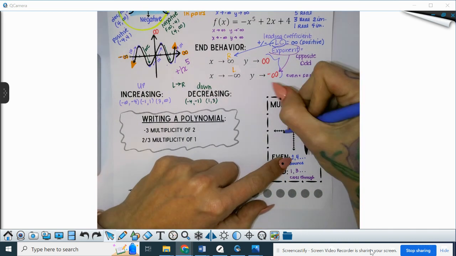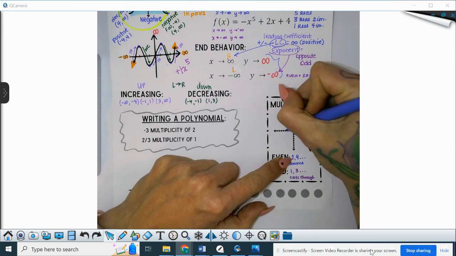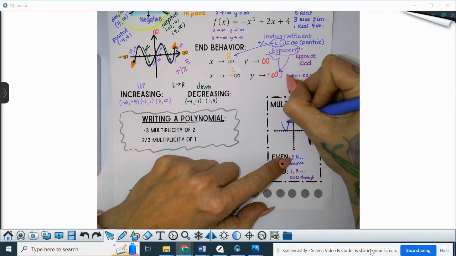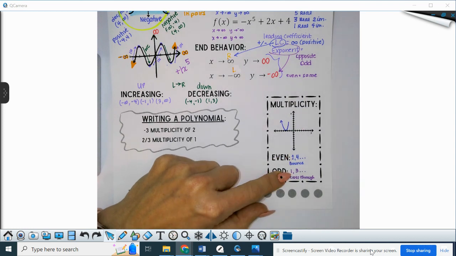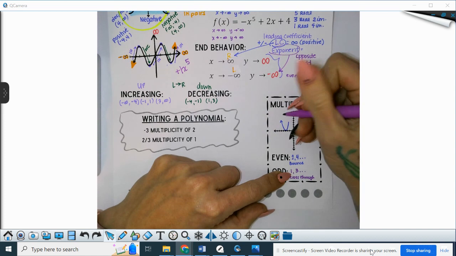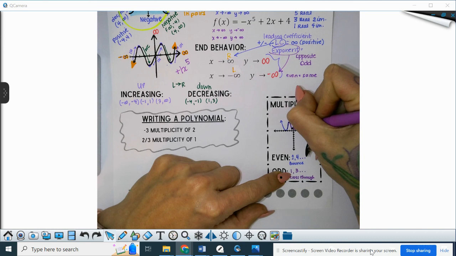So if I was to think about, see if I can make it match the one that I might give you guys later. So it bounced, right? It's going to go up. And then we'll say it goes down. Try to make it a curve. Go through 1.